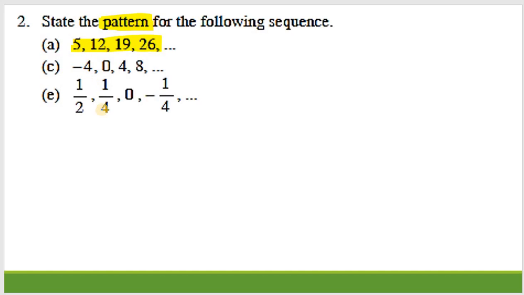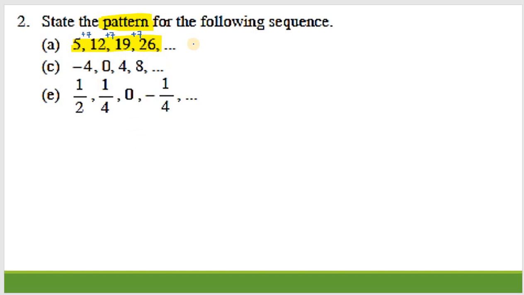So the first one, 5, 12, 19, and 26, obviously this is an increasing sequence. Okay, this is an increasing list, the numbers are arranged in ascending order. So 5 plus 7, isn't it? This is plus 7, and then continue with plus 7, continue with plus 7.